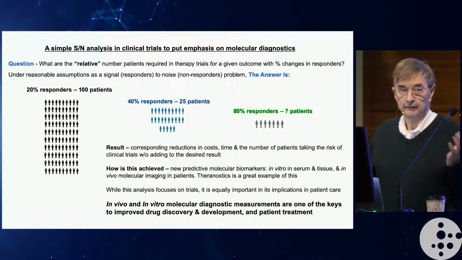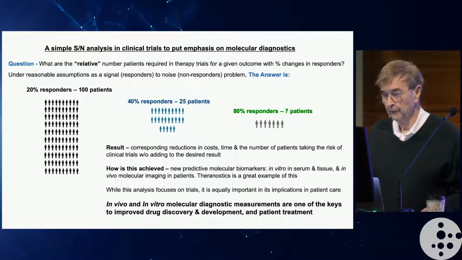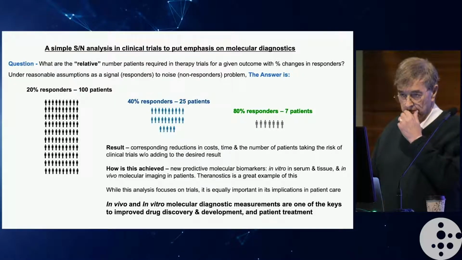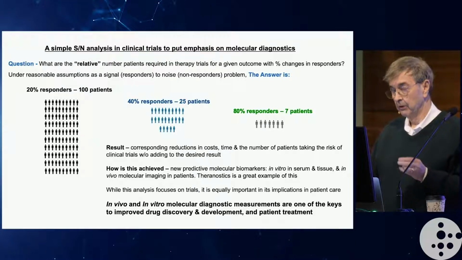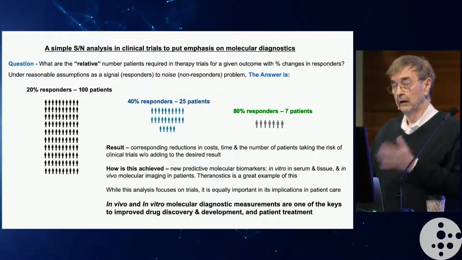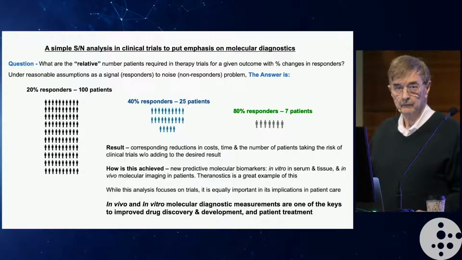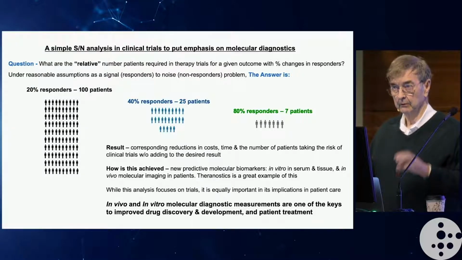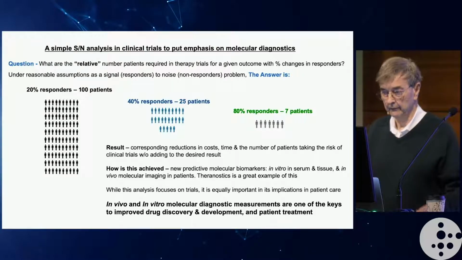Now, signal-to-noise, very formal approach, is a power function. So I asked a very simple question. What are the relative number of patients required in therapy trials for a given outcome as you change the percent responders? So signal to noise, signal, responders, noise, non-responders, do the analysis.